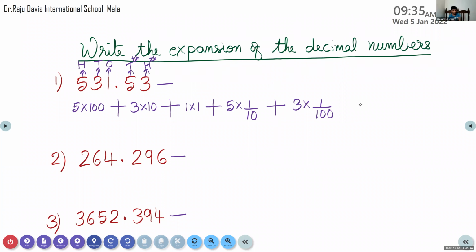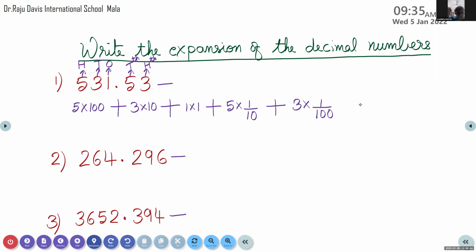Now, second one. Let me ask Adidev. Two Adidevs are there, no? Adidev MB.